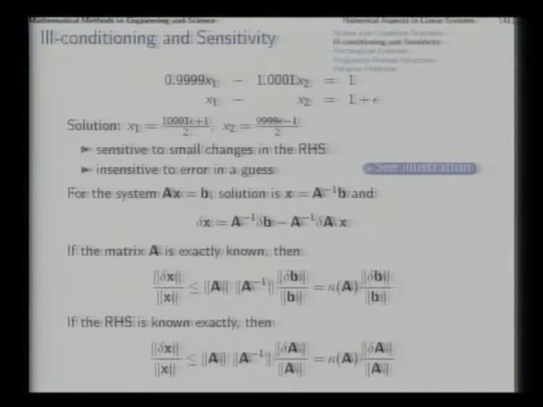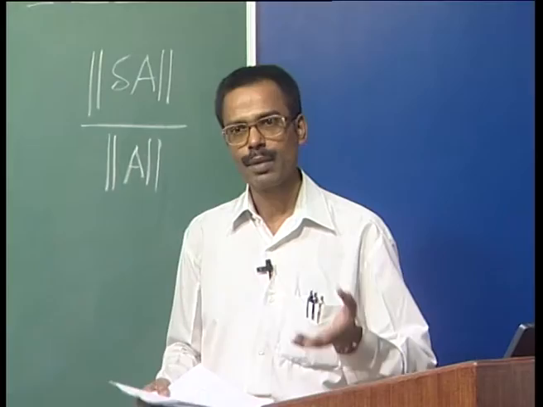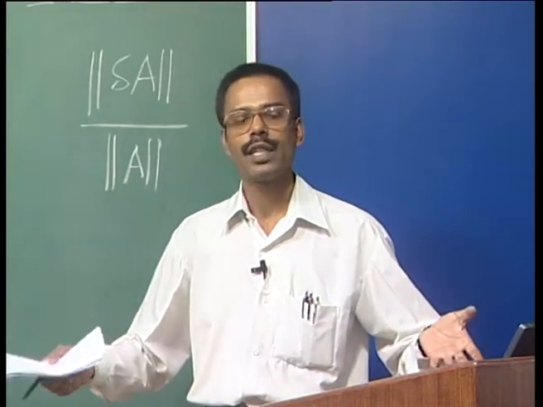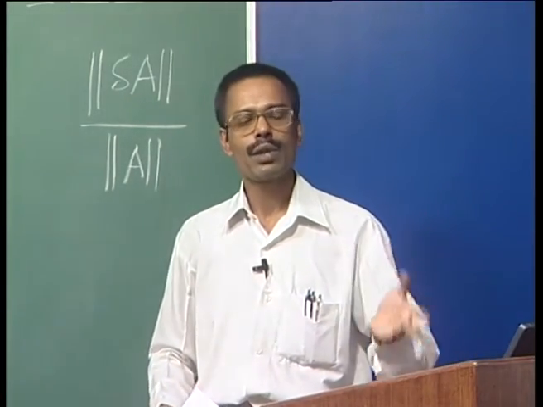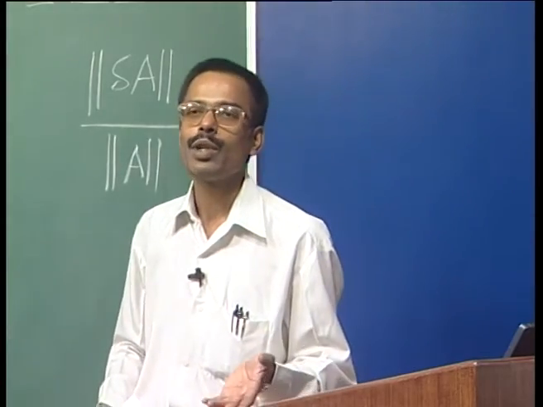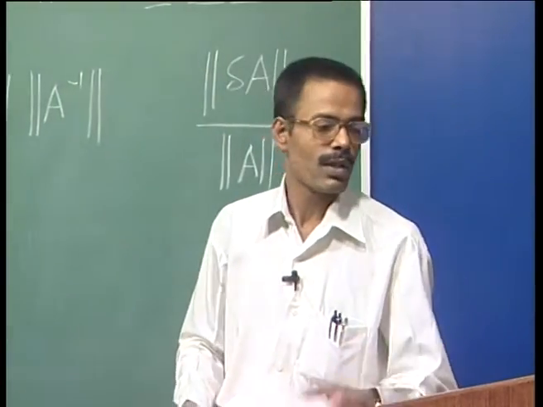That means if the matrix is ill conditioned, if this kappa is large, that will mean that with small errors in the right hand side or in the coefficient matrix, you can expect large error in the result. So, the solution that you will be finding numerically will not be quite reliable.